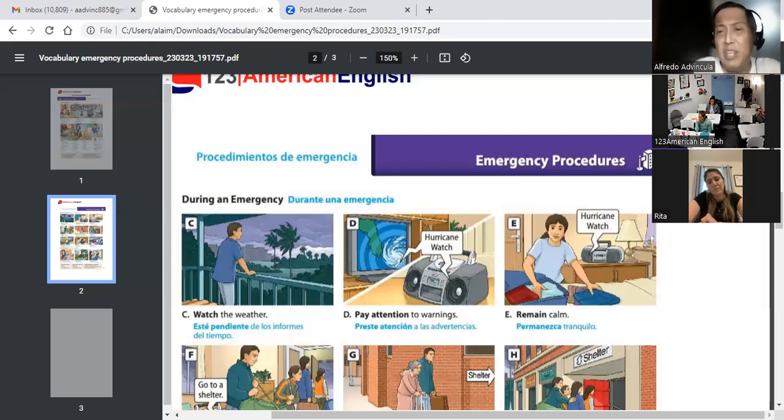North Dakota, Minnesota. Teacher, what do you say before the earthquake? Shaking? Yes, you could. Sometimes they use the word tremor.